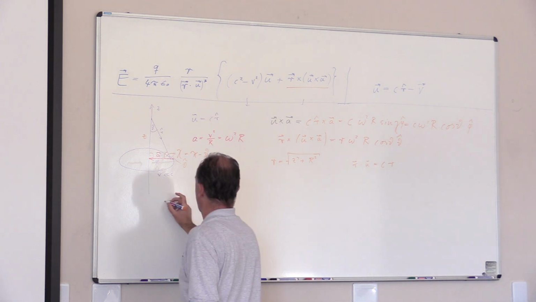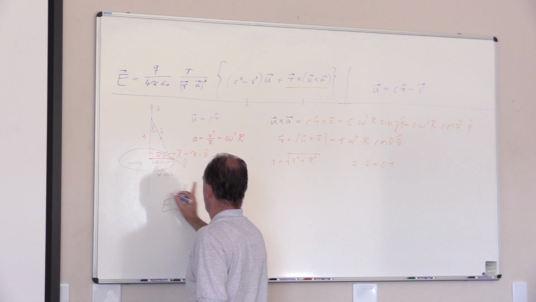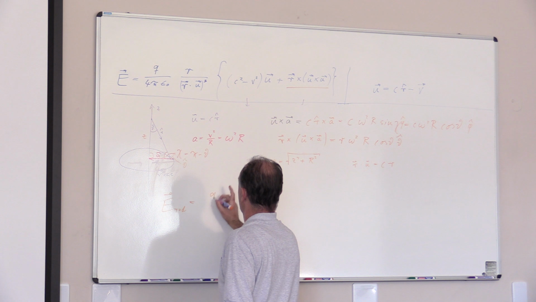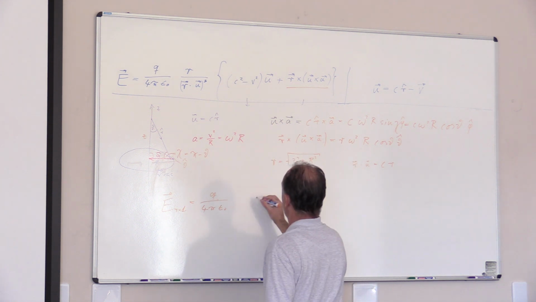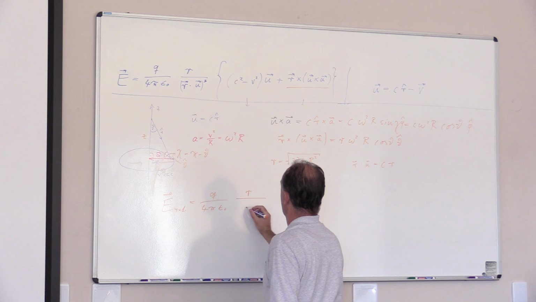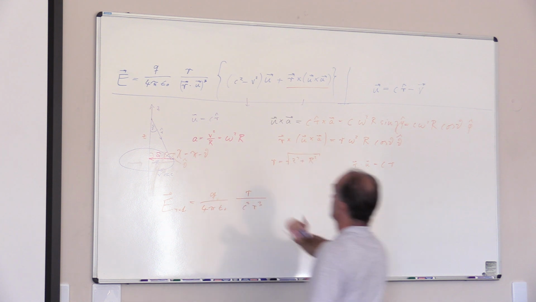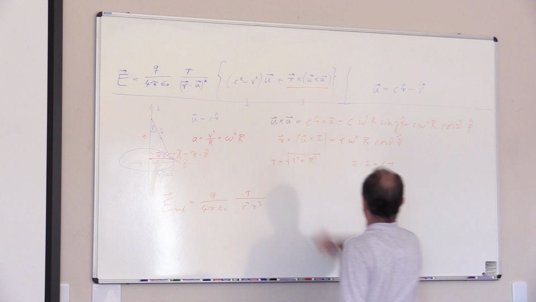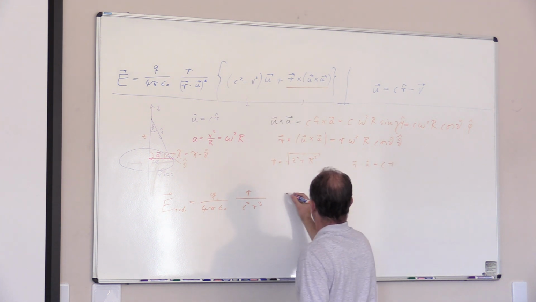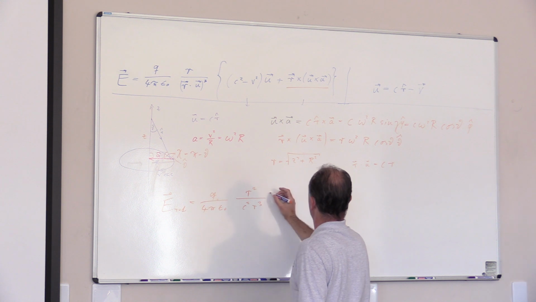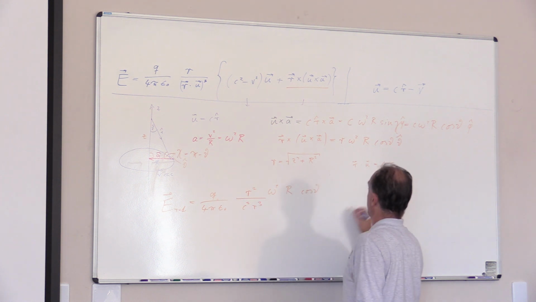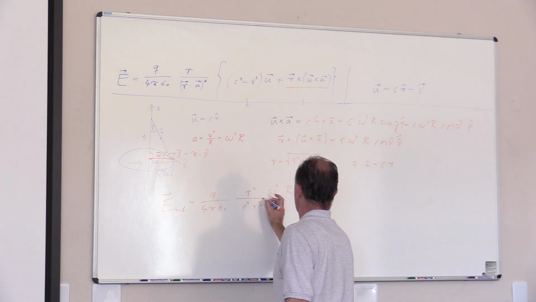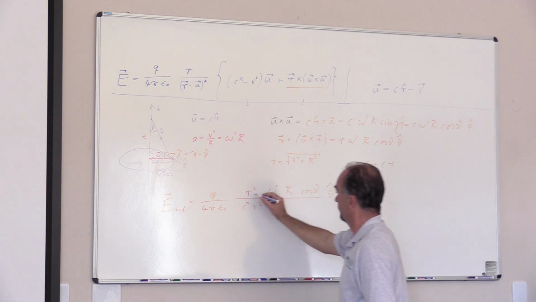Okay, so then we have the radiated electric field being q over 4 pi epsilon naught, then r over c cubed r cubed. That's that one. This one drops off, and we're left with r squared r cosine theta in the theta direction.